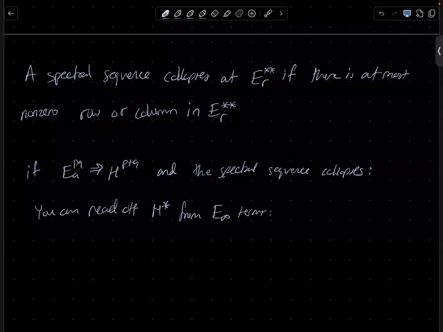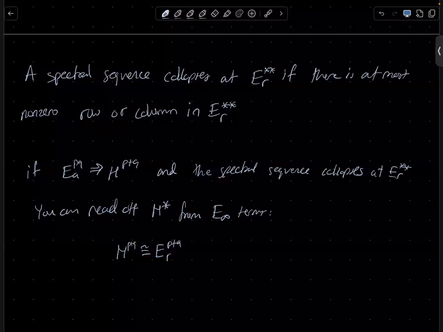So it collapses at E^r, and so that's convenient, and apparently this happens frequently. I've seen it in the proofs that come up.